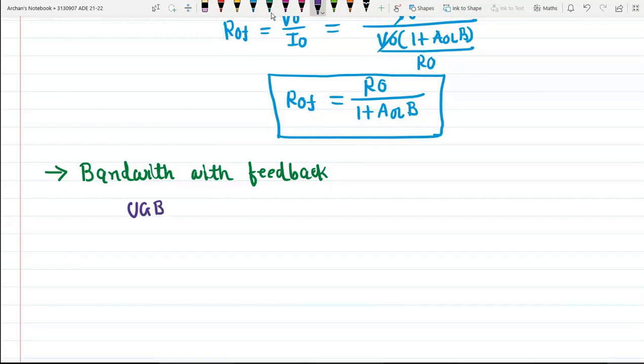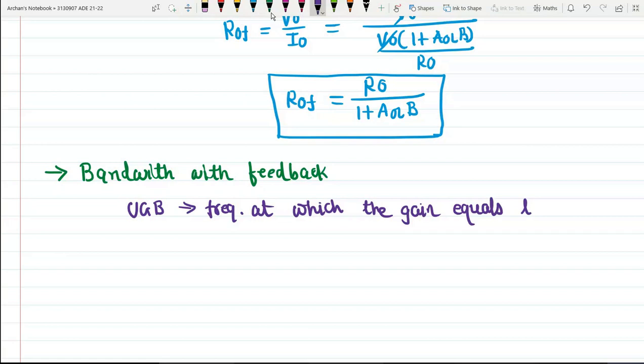It is nothing but the frequency at which the gain equals 1. For an operational amplifier having a single break frequency, say f0, the gain bandwidth product will be constant and equal to UGB.